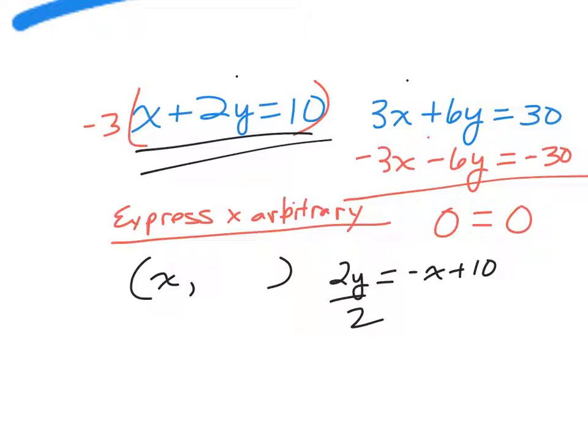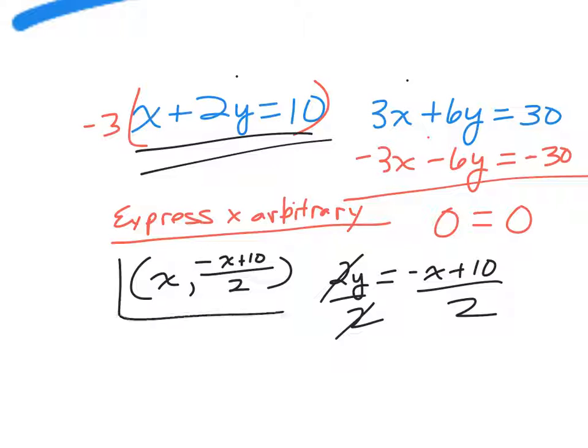And divide by 2. So an acceptable solution, if they say to express x arbitrary, would be x comma (-x plus 10) all over 2. That'd be what we're looking for.